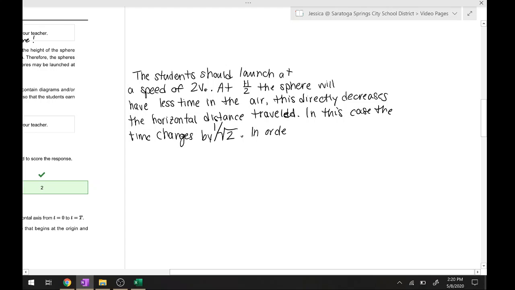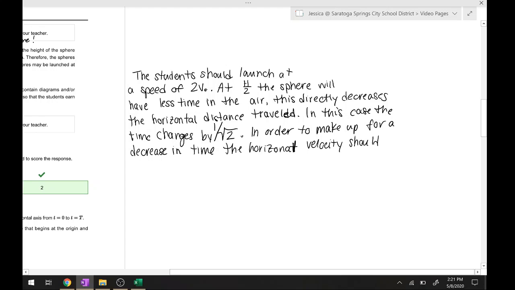In order to make up for a decrease in time, the horizontal velocity should be increased to get as close to D as possible.